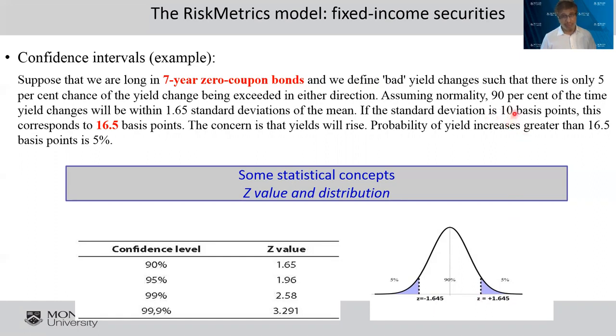Now I can transfer this to percentages, which means how much the yield can change with 90% confidence. Now this you can use, I just give you an example. You have 90%, 1.65; 95%, 1.96; 99%, 2.58; and we are talking about two tails.